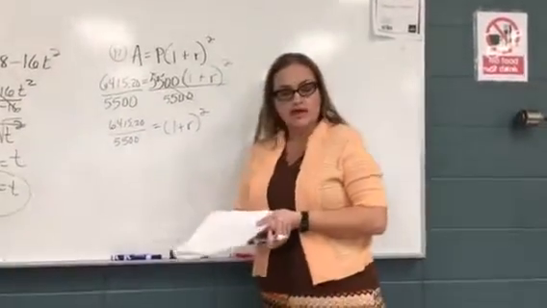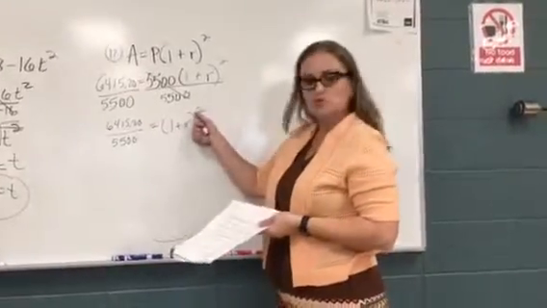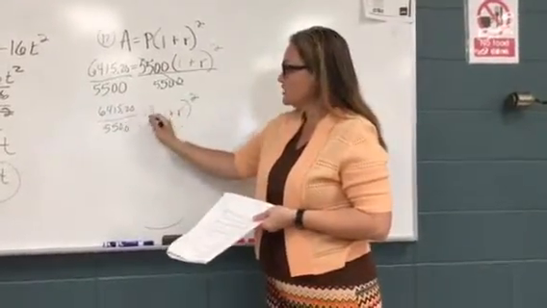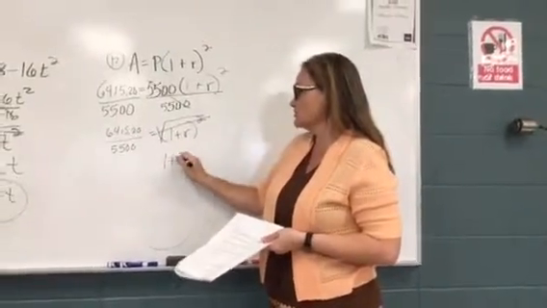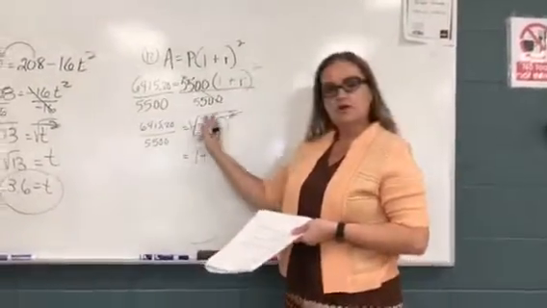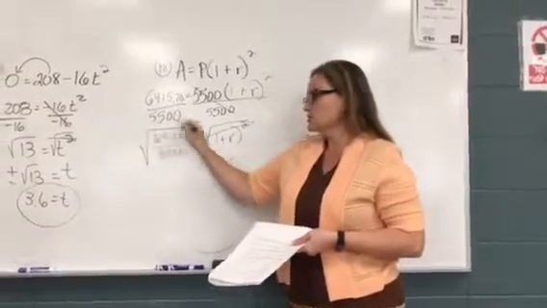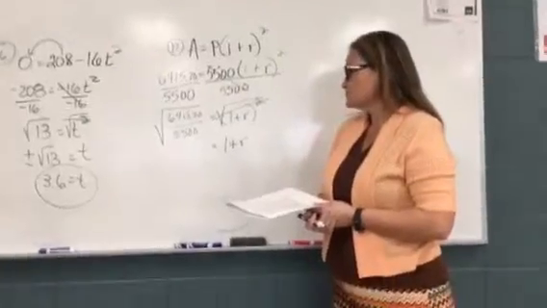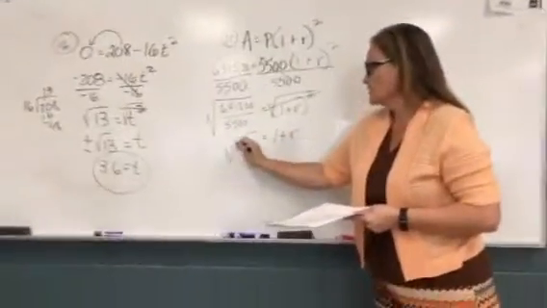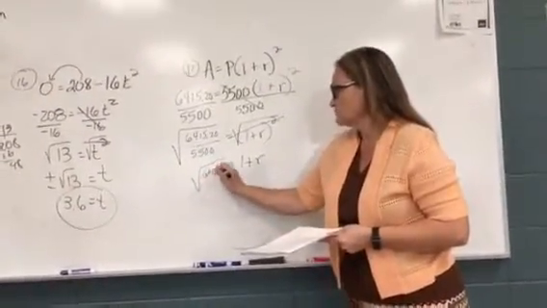How do you solve it? What's the algebra step next? And that is to square root, because this is squared. If we square root and square, that cancels that out and brings down the 1 plus r. Then we'll have to square root this answer. So you'll be doing a big square root of that division problem. So we'll have square root of whatever that is, 6415.2.